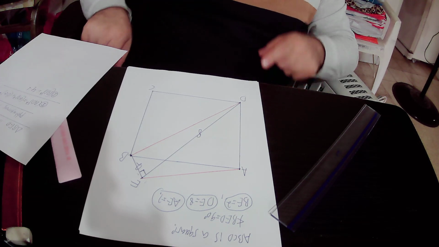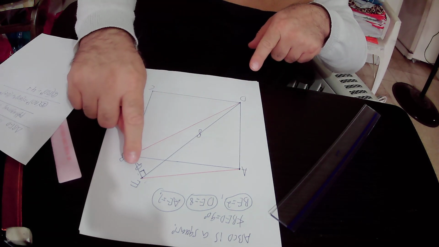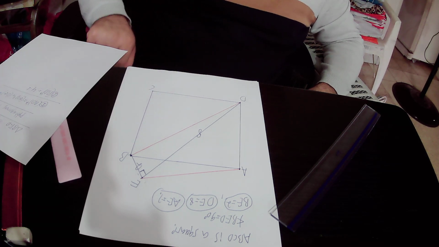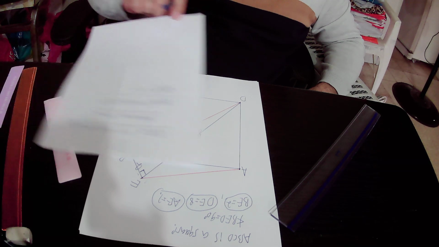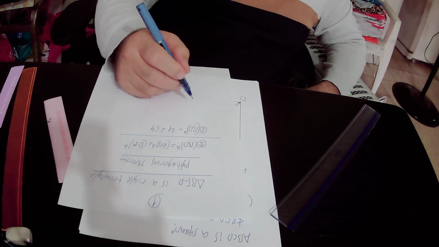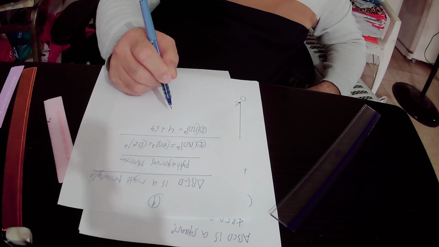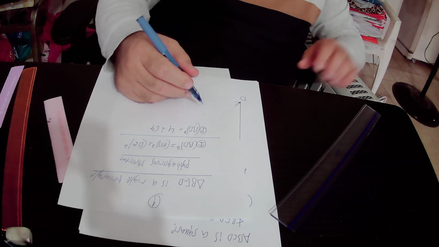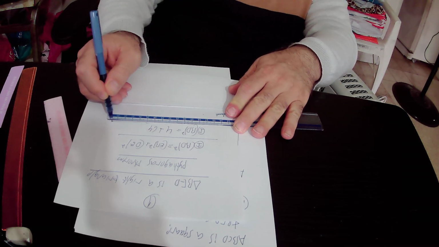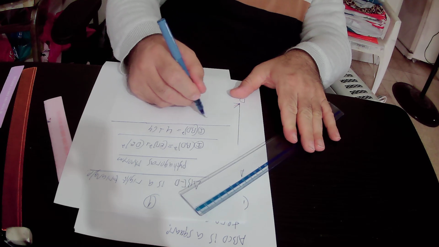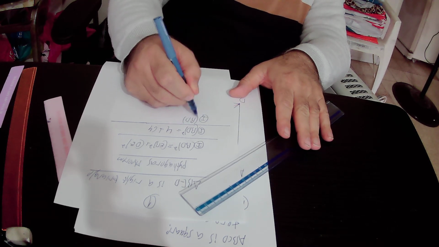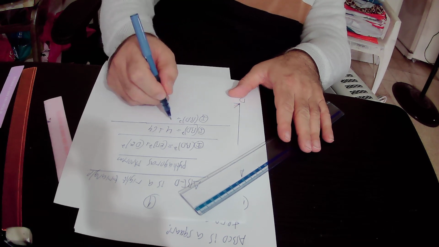It is given in the question that DE equals 8 units, so DE square is 8 square, and 8 square is 64. So in total we got that BD square equals 4 plus 64, which is 68. So I found out that BD square equals 68.